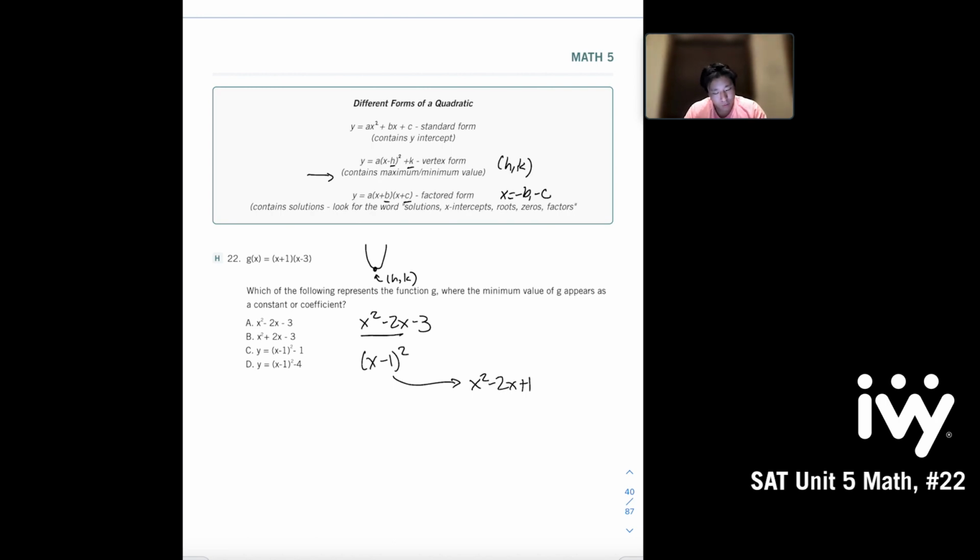So what we need to do is subtract 4 in order to get our positive 1 to a negative 3. So we need to subtract 4 from here. Now this is our expression. And if you expand that out, you'll see that this ends up equaling exactly what we have up here. So this is the exact same thing as answer choice D, and we can go ahead and pick answer choice D.